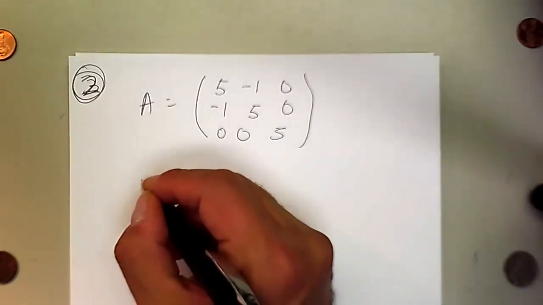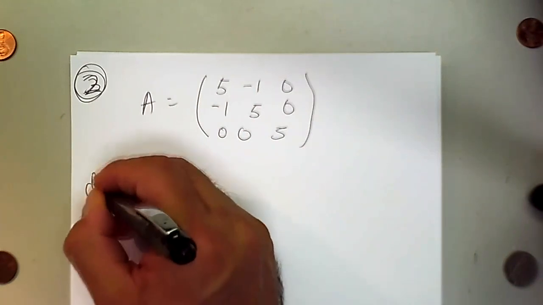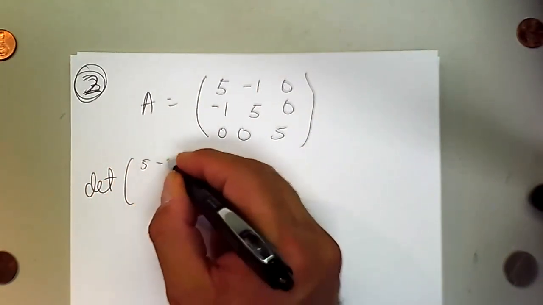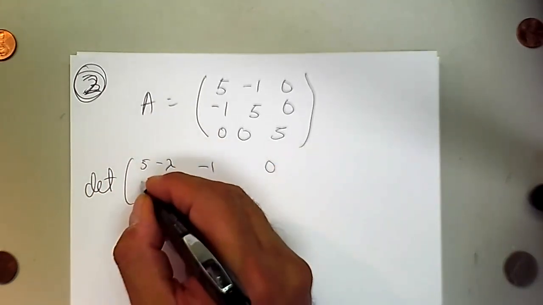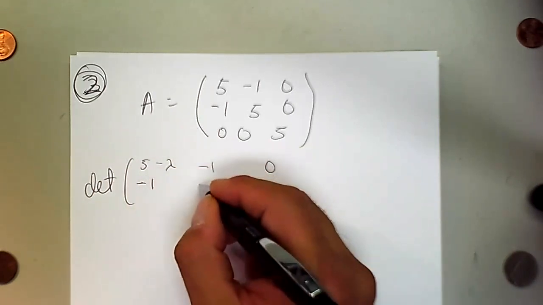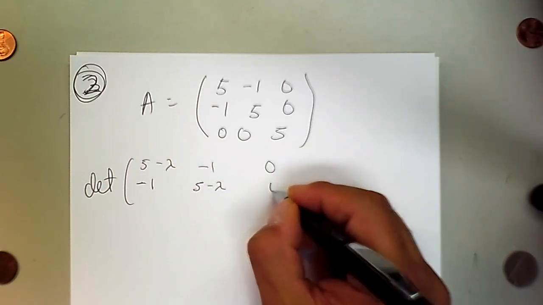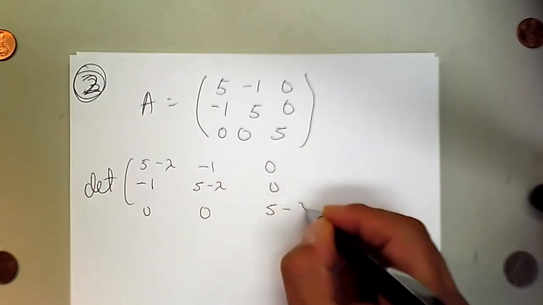eigenvalues of this matrix. So we want to find the determinant of the matrix 5 minus lambda, negative 1, 0, negative 1, 5 minus lambda, 0, 0, 0, 5 minus lambda.